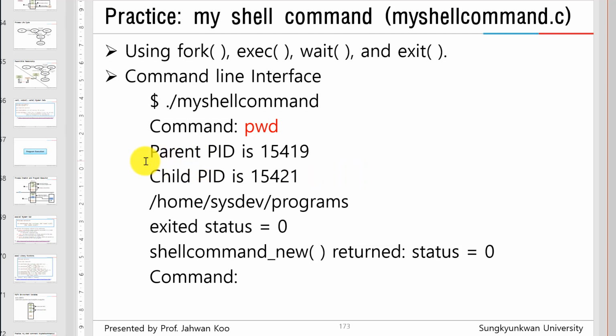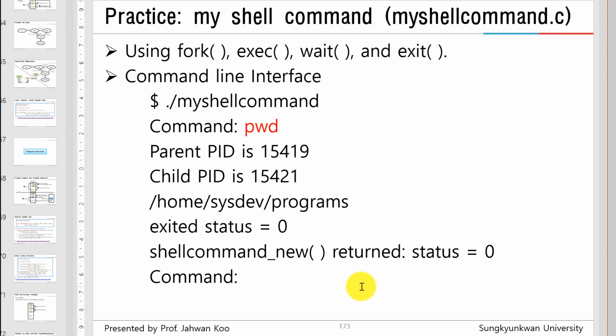And then the following outputs will be displayed: parent PID, child PID, your present working directory, status, and so on. And then "command:" will be displayed once again, waiting for another command.